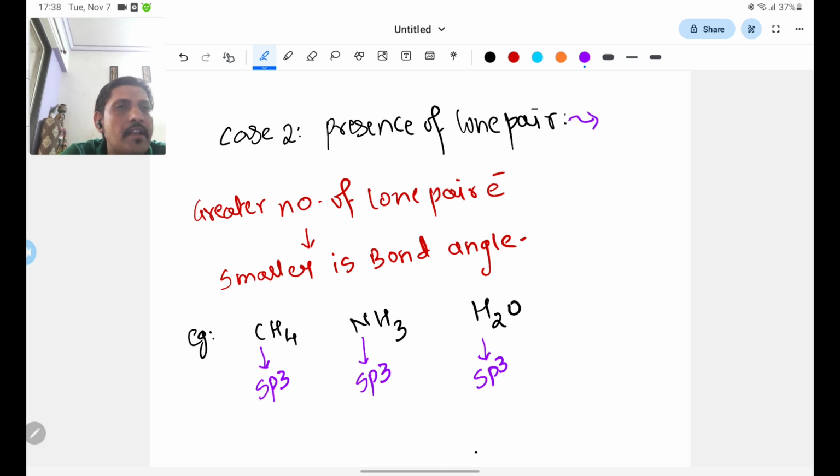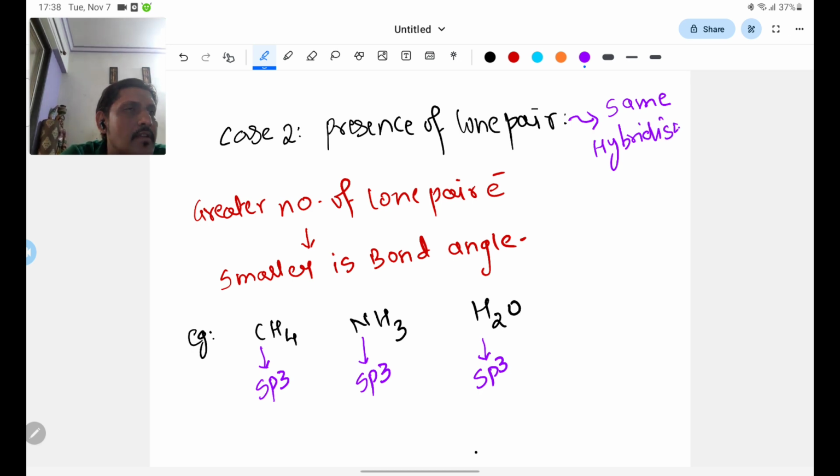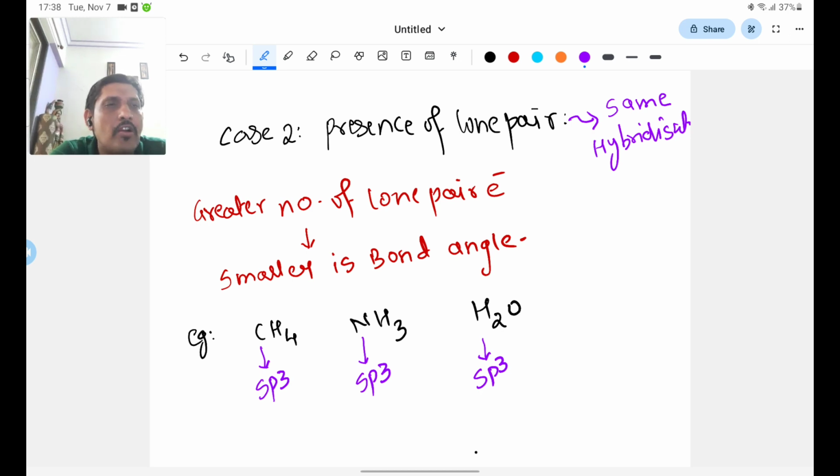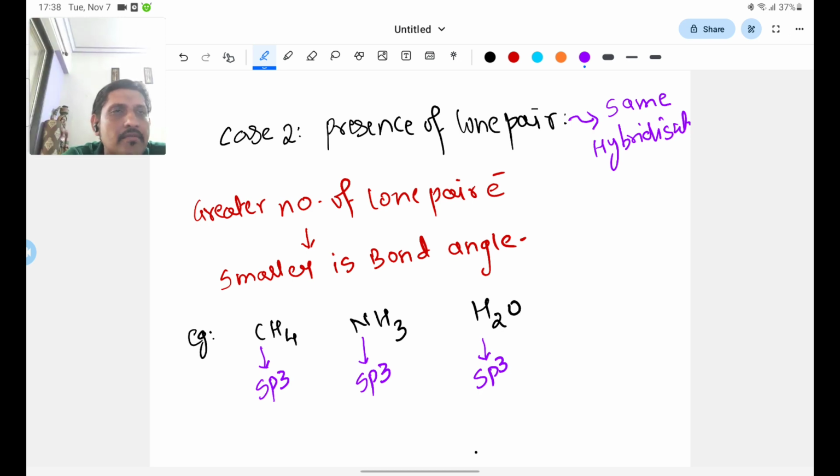So here we are taking case 2 where there is a presence of lone pair but the molecules have the same hybridization. Different hybridization, we had already done: sp3 is smaller than sp2 and sp2 is smaller than sp. Now if all the molecules have the same hybridization, then how will we compare the bond angle?